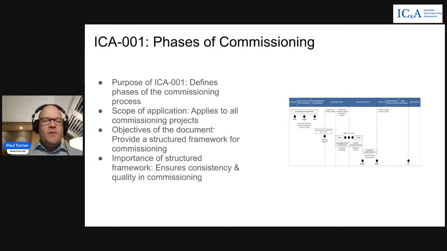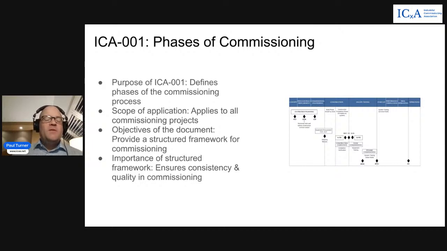So we're going to go through the two documents here, ICA 001, the phases of commissioning, and then ICA 002 as well. We'll start with the first one here. The purpose of ICA 001 is it defines the phases of the commissioning process. And on the right here is a figure from the first section of the standard, and we'll go through this in a little bit more detail on a subsequent page.